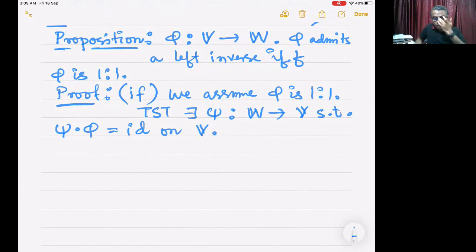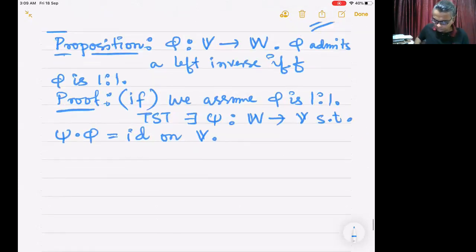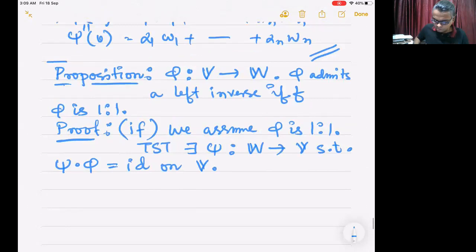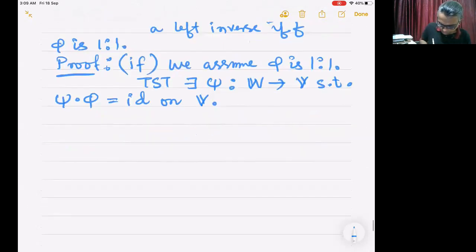Okay. Now, how do we do that? We first observe the following. Because phi is 1 to 1, for this we will assume in this case that V is finite dimensional.